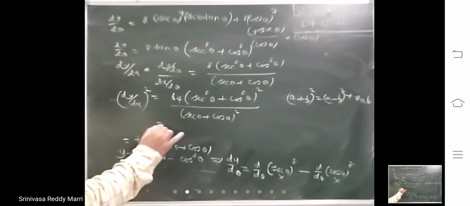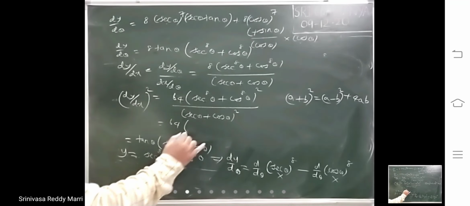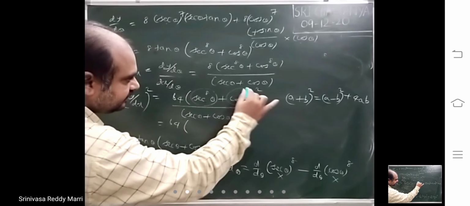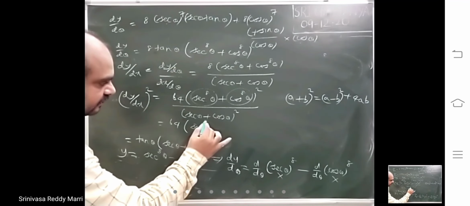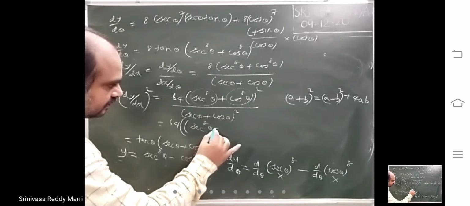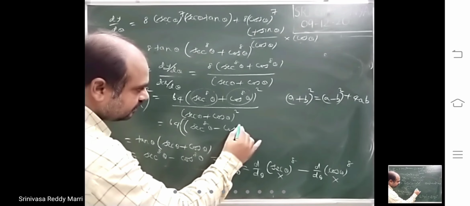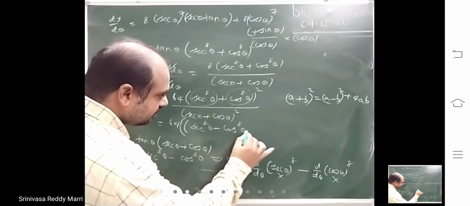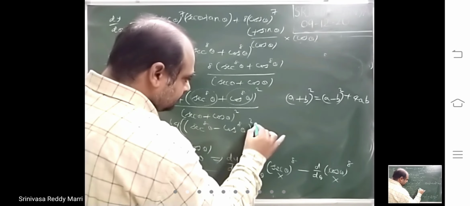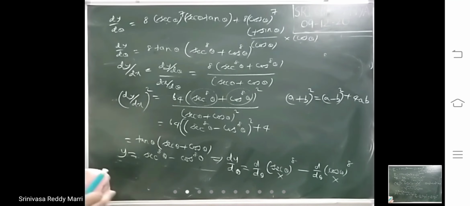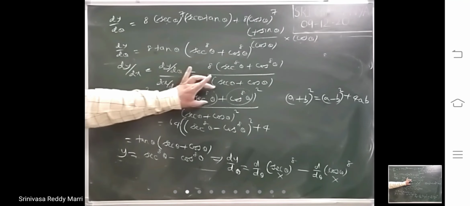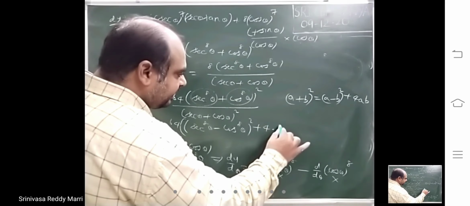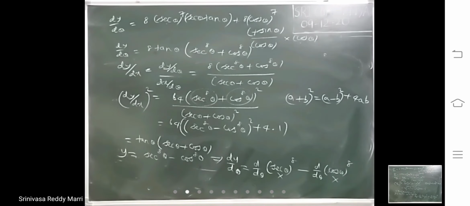I am writing that one. 64 into, this is a, this is b, a minus b whole square plus 4 into a, which is secant power 8 theta, b is cos power 8 theta. 4 into a into b will become 1, since secant means 1 by cos, so they will get cancelled.